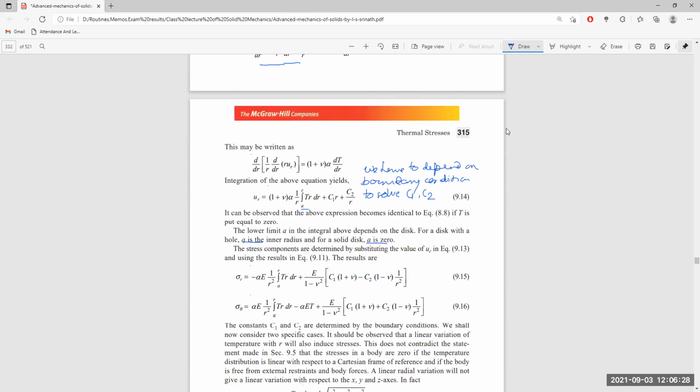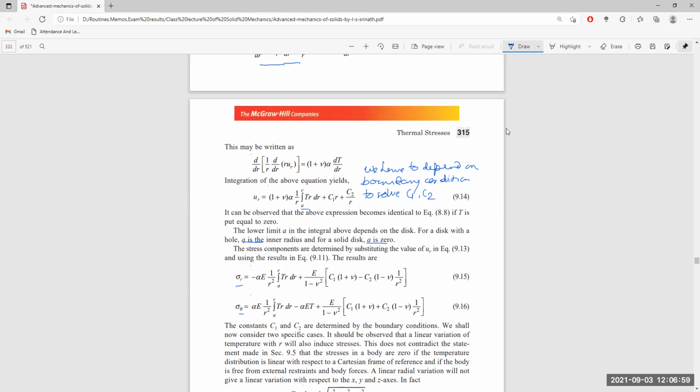Then the results will take this particular form for sigma r, and this is the particular form of sigma theta, which contains the integration from a to r of T r dr. Here a is the inner radius, r is the radius under our consideration, and both constants C1 and C2 exist, and the radial distance r square is also given here.